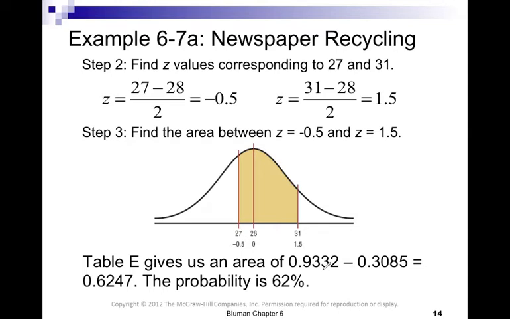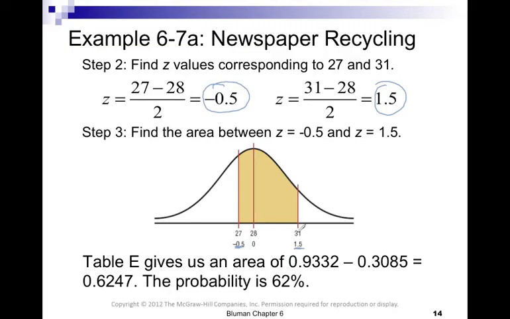So we're going to look up, we've got 27 minus 28 over 2, x minus mu over sigma, and we get negative 0.5 for a z-score, that's this one. And then we get 1.5, 31 minus 28 over 2, for our z-score that's above 28.